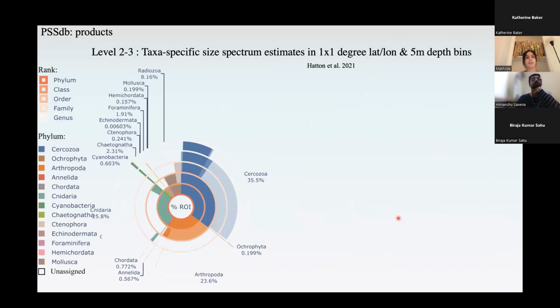And then the second and third levels that will be available on PSSdb are the taxa-specific size spectra. Of course, the idea of using imagers to construct NBSS is because we have a lot of information about the size of the organisms, but also what they are. Now, one of the challenges that came with using taxonomic annotation is the heterogeneity between imaging sensors and also among experts.